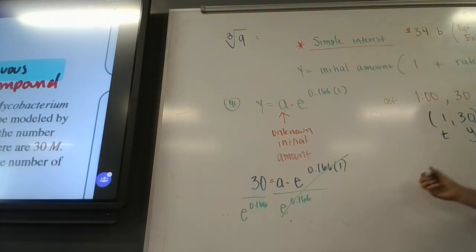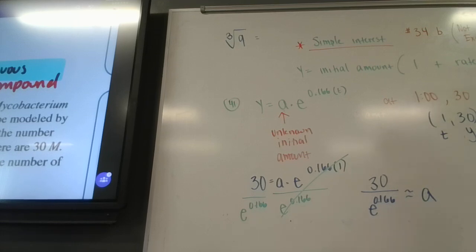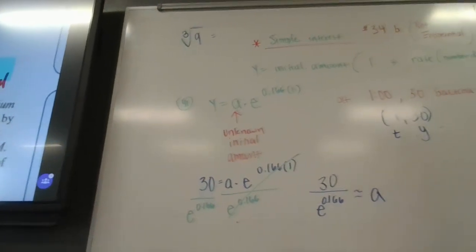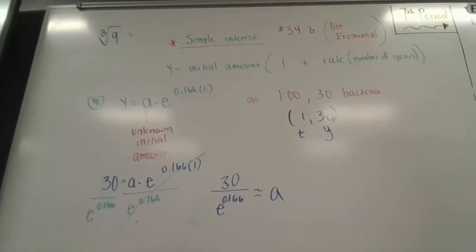Now we can use the fraction button in our calculator: 30 over e to the 0.166 will give us A. So e is the only one that has the exponent attached to it? That's right.